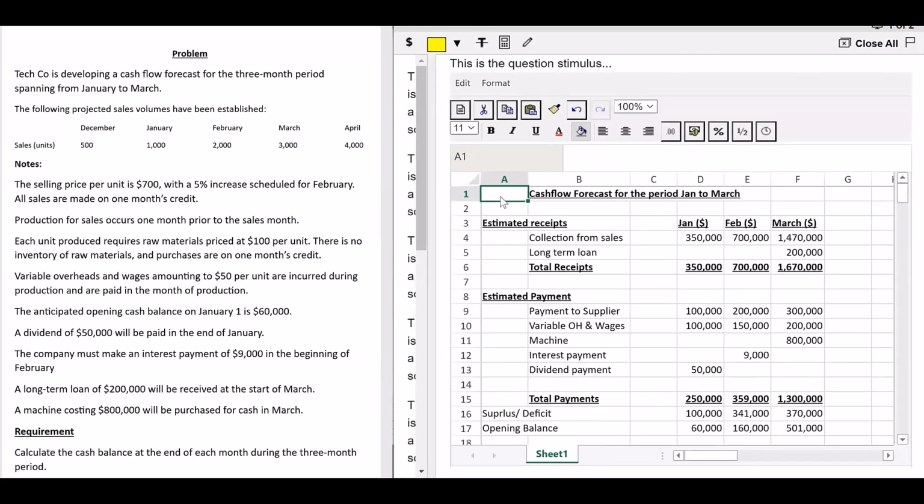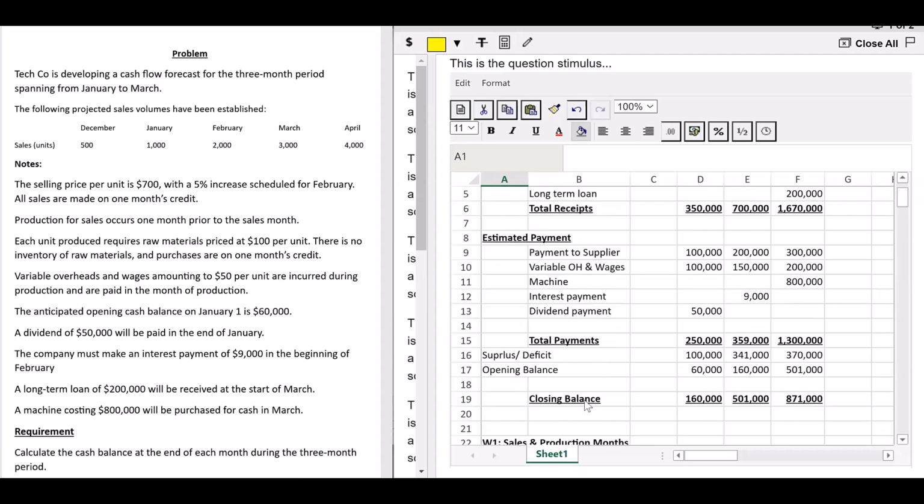Now let's see how this cash flow forecast is used. The closing cash balance for Jan is 160,000, for Feb it is 501,000, for March it is 871,000. There is no deficit at all. It is all a case of surplus. This much excess surplus closing balance is not required.